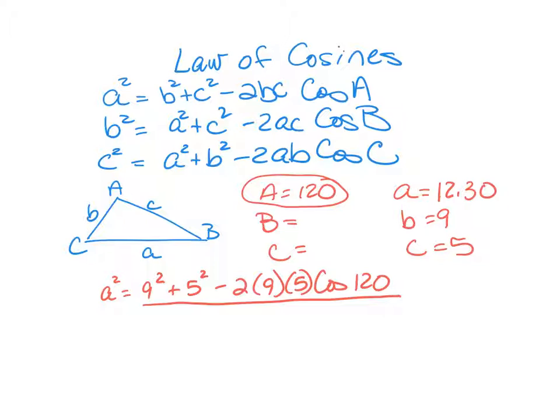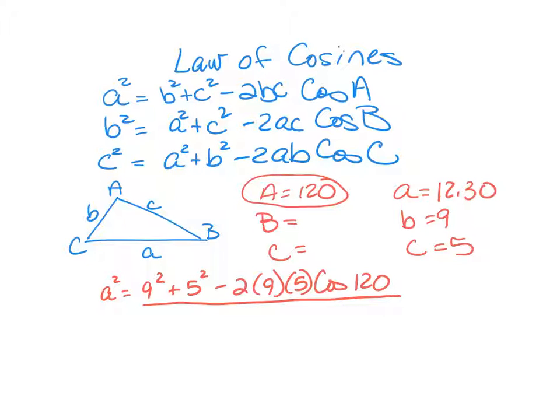Like if you hadn't square rooted it and put 151, that would have been wrong, because you can't even draw a triangle with two little sides of 9 inches and 5 inches and then this big long side of 151. You wouldn't be able to get a hinge big enough to do that, okay? So stop for a second and look and make sure it makes sense. And usually you can get yourself out of trouble. You know you're wrong and figure out what you've done.